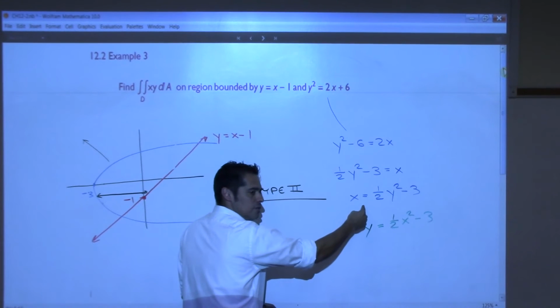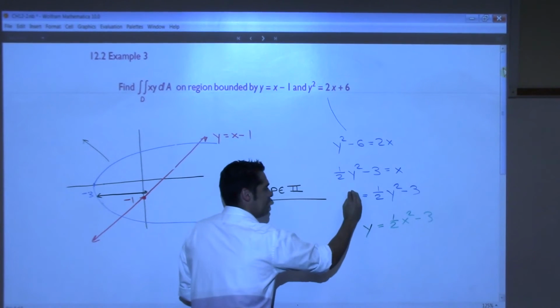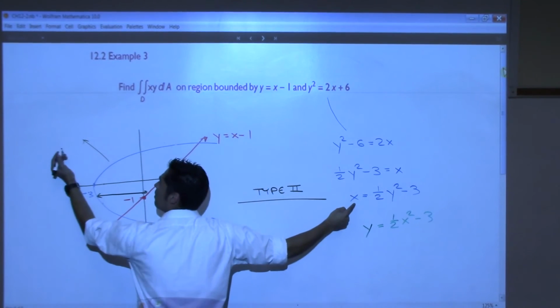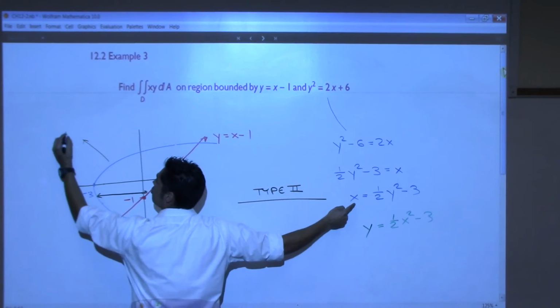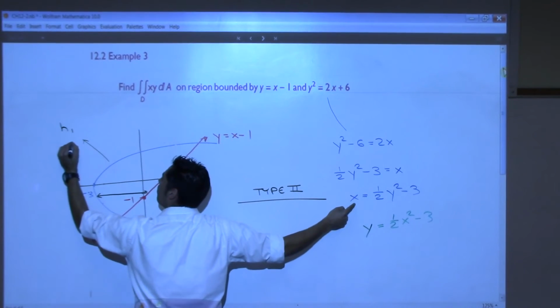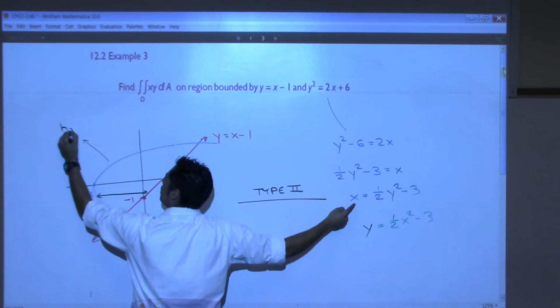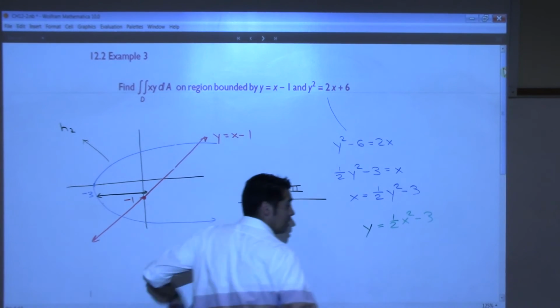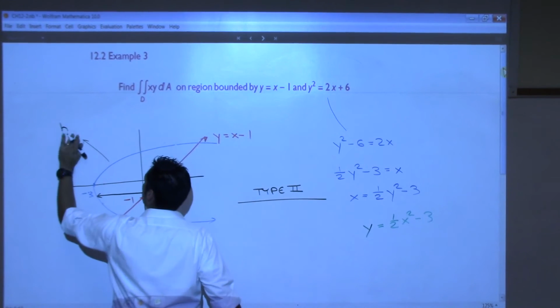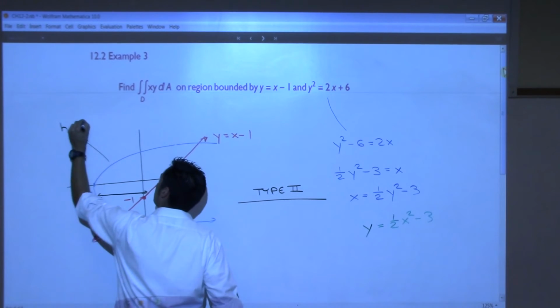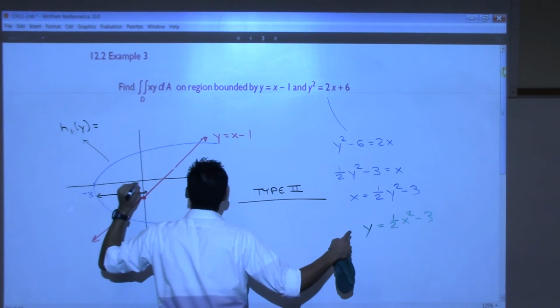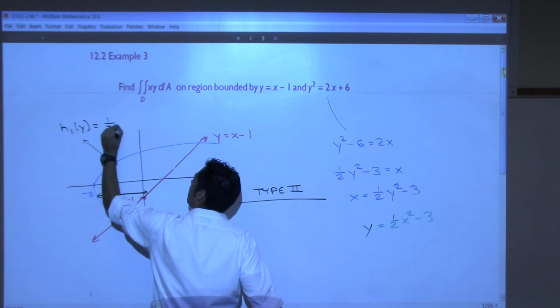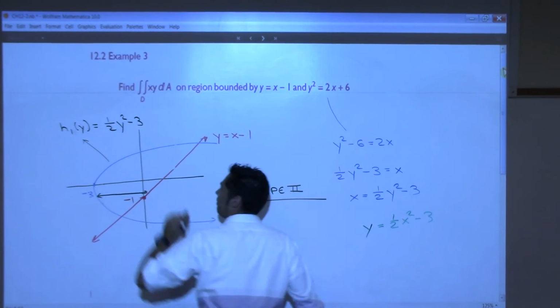That creates the function of y right there. This left side gets replaced with, what letter are we using? H. H sub what? 1 or 2? 1, the one on the left is 1, right? Okay. So h sub 1 of y is what? 1/2 y squared minus 3. Yeah?